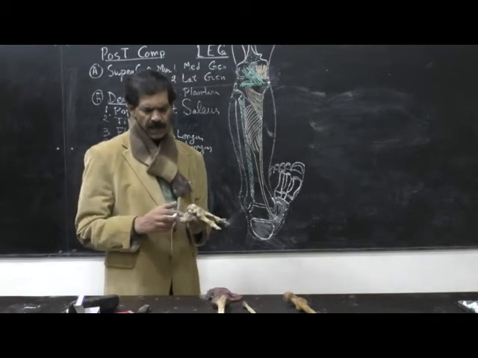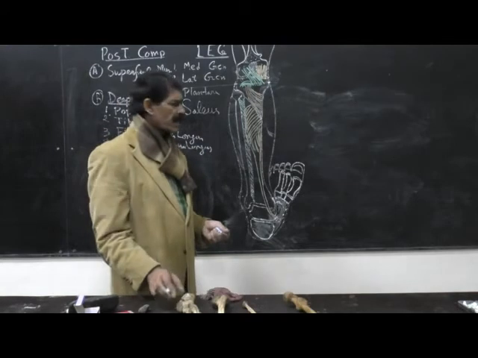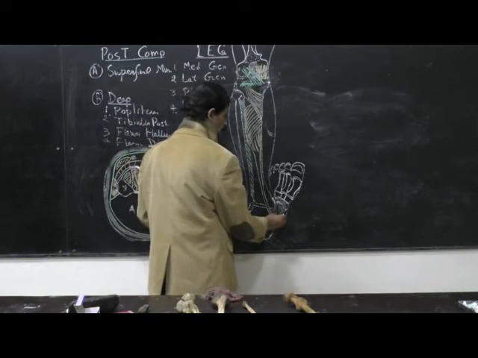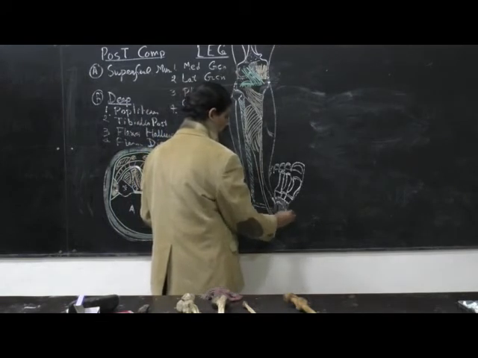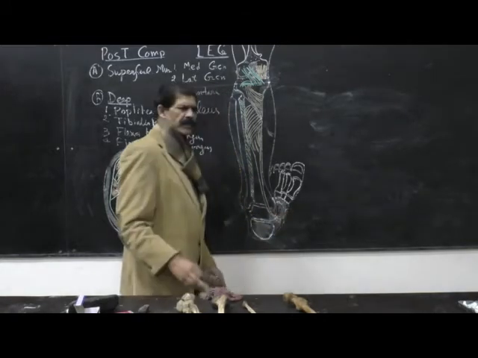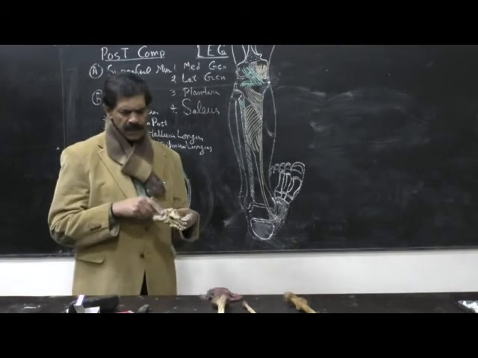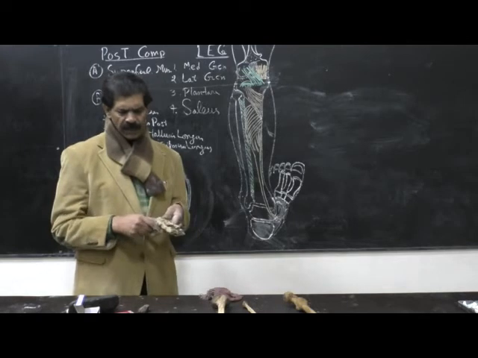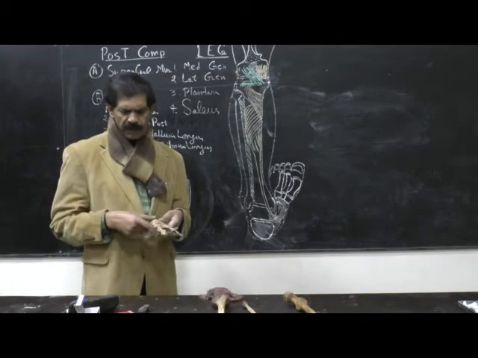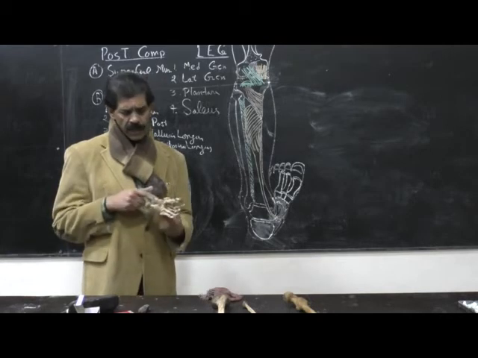So it touches the sustentaculum tali, then the tendon of the tibialis posterior will enter into the sole of the foot. It enters into the sole of the foot after touching the sustentaculum tali. So the sustentaculum tali deviates the direction of the tendon of the tibialis posterior towards the sole of the foot, below the navicular bone or below the tuberosity of the navicular bone.